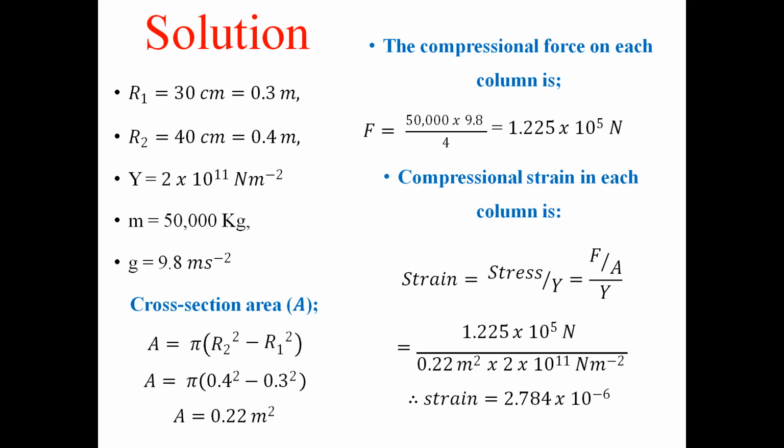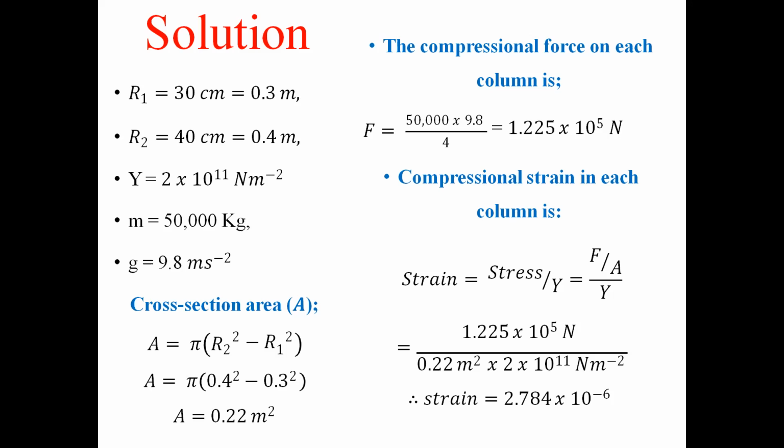A equal to pi into 0.4 square minus 0.3 whole square. Area equal to 0.22 meter square. That means for the hollow circular columns, we calculate the cross-sectional area: A equal to 0.22 meter square.